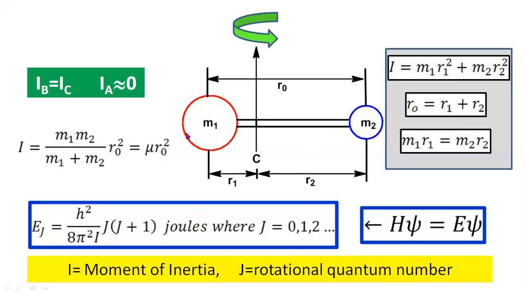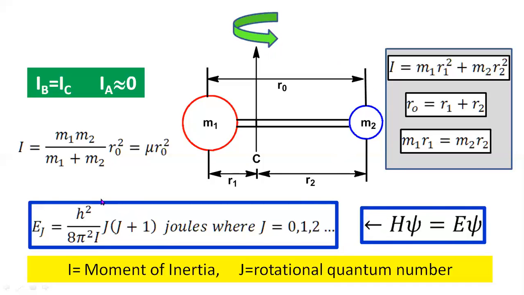Now, if you do a quantum mechanical solution, or Schrodinger solution, of this rigid rotor, the energies you get are like this: EJ equals h squared by 8 pi squared I, times J into J plus 1.